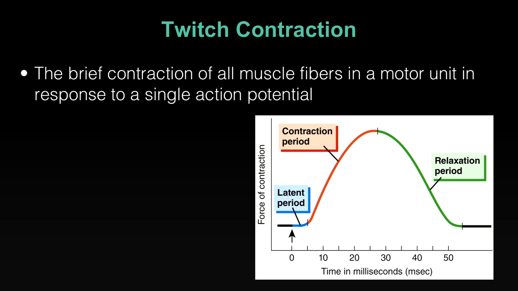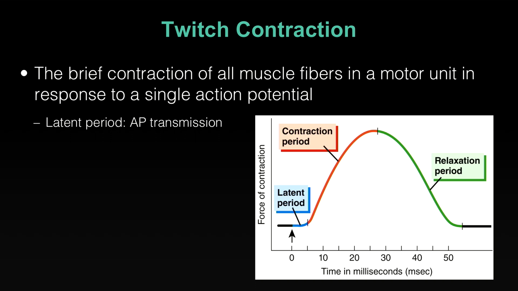We have a few characteristics to look at. There are a few different phases. The latent period, or the latent phase, describes transmission of the action potential. There's no contraction happening yet. The signal has arrived, and it's being transmitted to the muscle, but right now, it's washing over the plasma membrane.